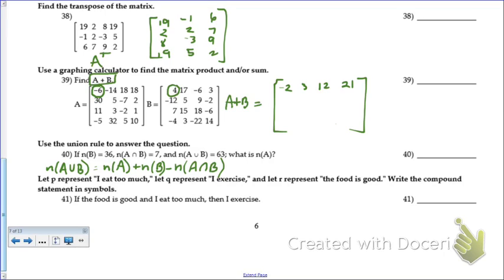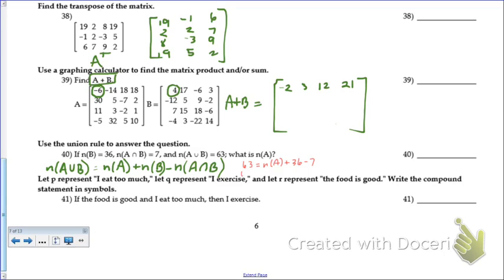The number in the union is 63. We don't know what A is, so we'll just leave that. Plus B, the number in B, which is 36. Minus the intersection, which is 7.